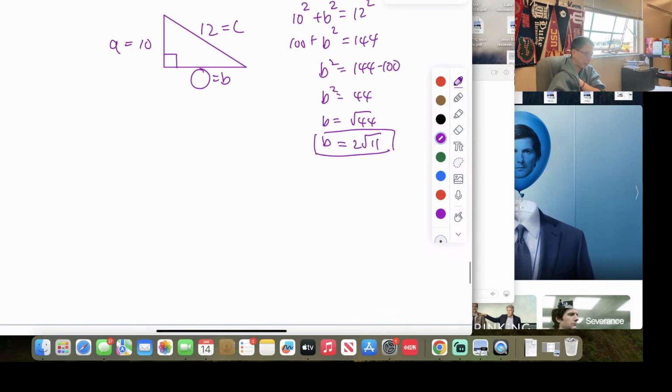This is actually on one of the tests, on test 1. Okay, so this is a 45. They say it's an isosceles right triangle. And they say if this side is 58, what's the perimeter of this triangle?